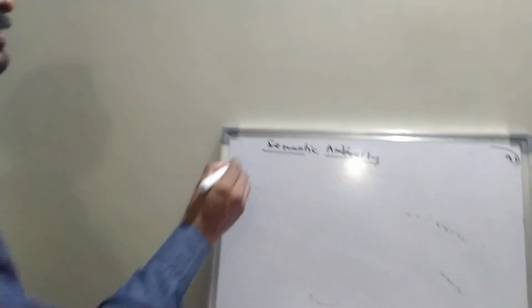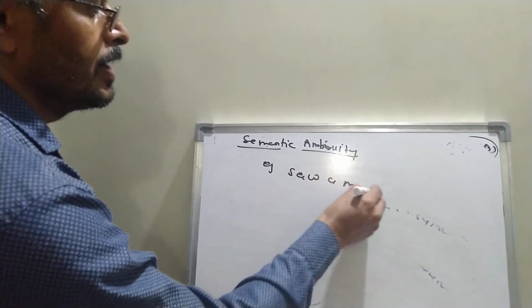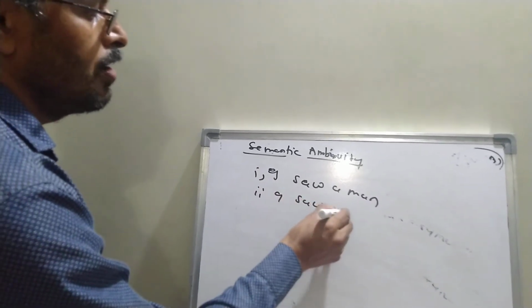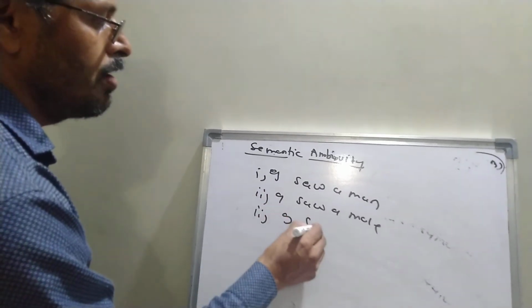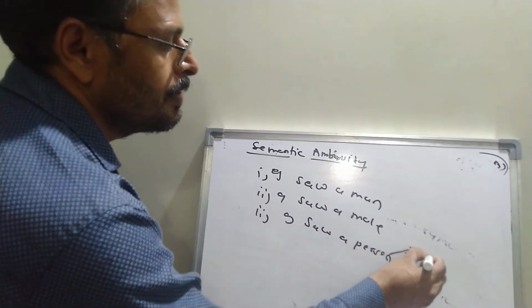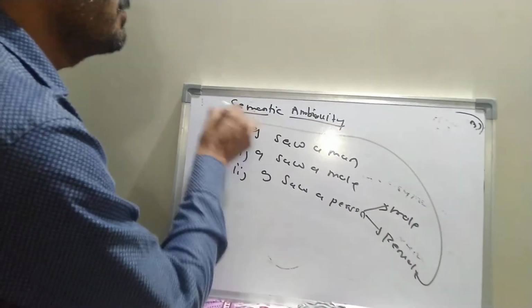So that is called semantic ambiguity. Let us see the examples. I saw a man. The second will be I saw a male. Third, I saw a person. In this case, the person may be male or female.